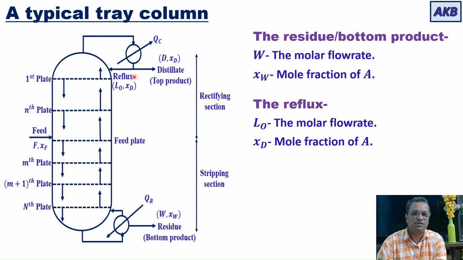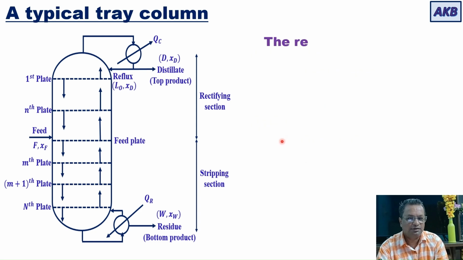No composition change is involved in that. So that's why the composition of reflux, or the mole fraction of the more volatile component in reflux, will also be XD. Okay. Then you have the reboiler. In the reboiler, you are adding heat, and QR represents the rate of heat addition.